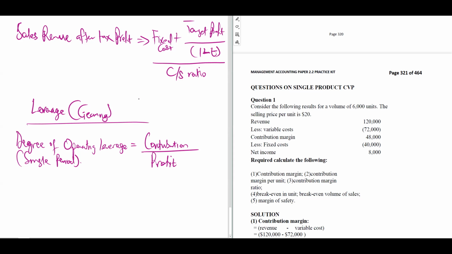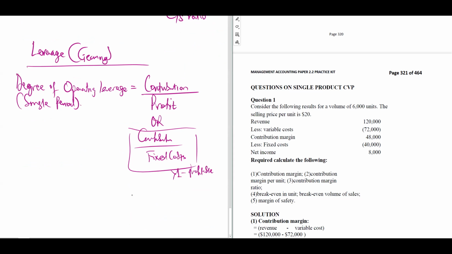It can be given in many ways. If you use contribution over fixed cost and it is greater than 1, it means the product is profitable. If it is less than 1, it means that the product is loss-making.